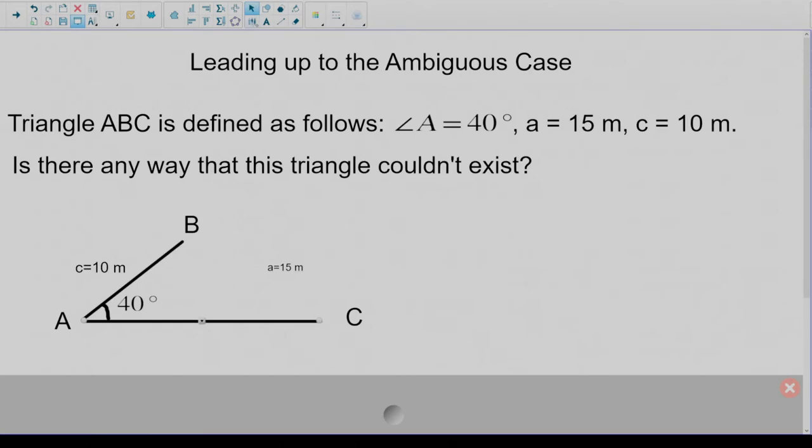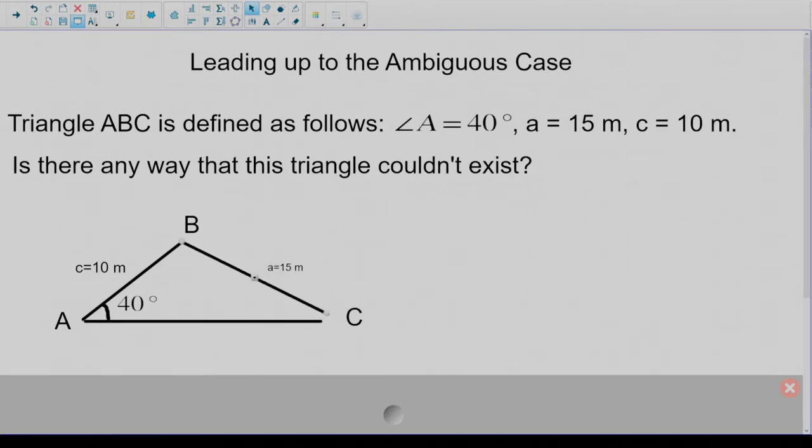If I drew a 15-meter side length here, now could I draw it just that long? And the answer is no, because this side length is 10. So this length actually has to be longer than 10, right? Sorry, if I drew it way over here, well, clearly that's longer than 10, but I have to also make it match or reach the base length of AC.